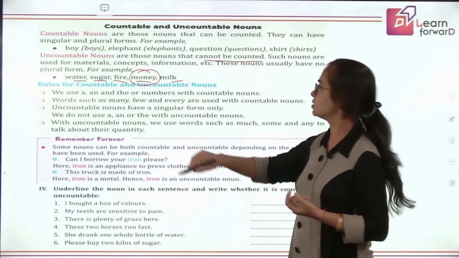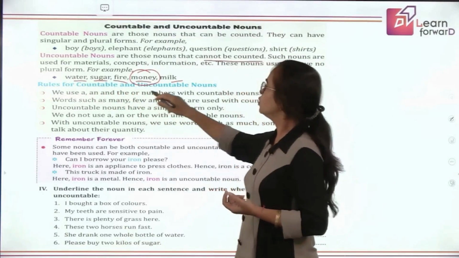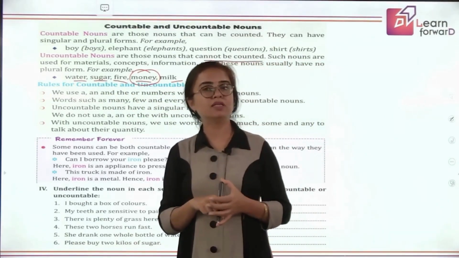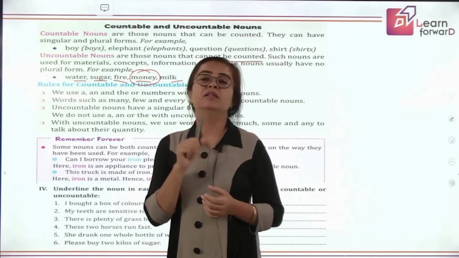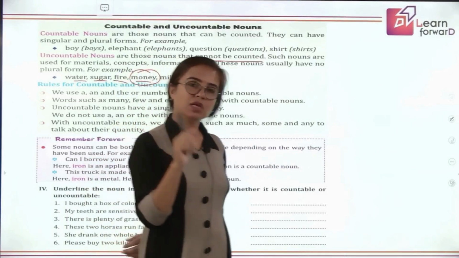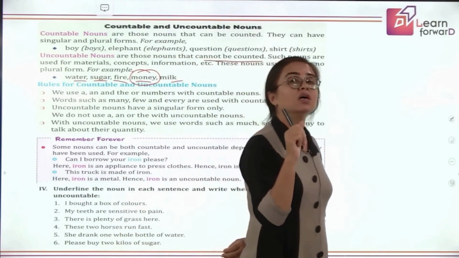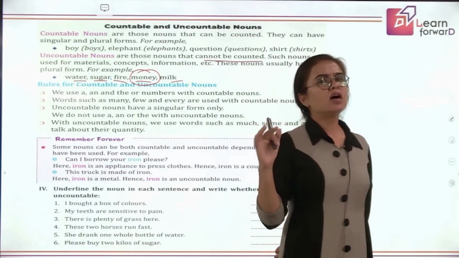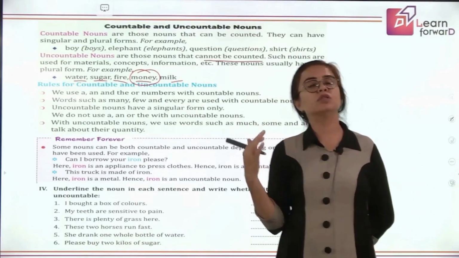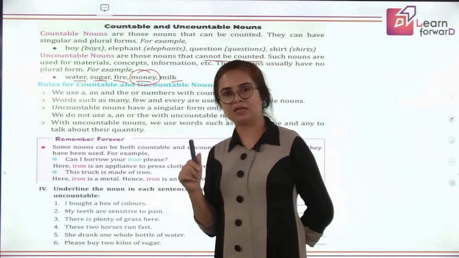Remember this, please. Now, what are the rules for countable and uncountable nouns? One more thing you have to remember is, I've already told you that when we are talking about one, when we are talking about a singular noun, we use a, an before it. The, of course, can be used with singular also, with plural also. We will be learning that with the topic articles a, an and the.